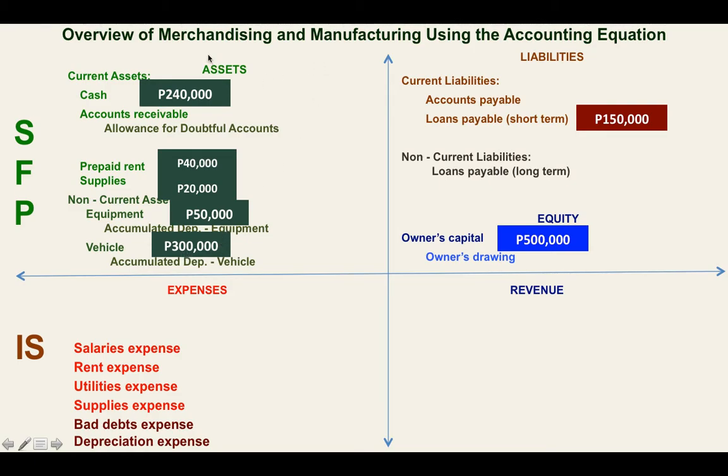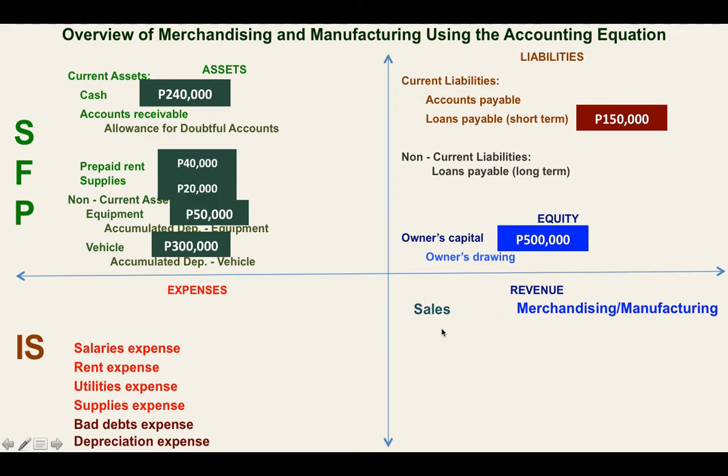Now, from the previous slide, our business is service. Assuming that our business is merchandising and manufacturing, how will it look as far as the business operations are concerned? Since it is merchandising and manufacturing, we have to have our inventory, the items that we are going to sell, because our revenue is from selling.